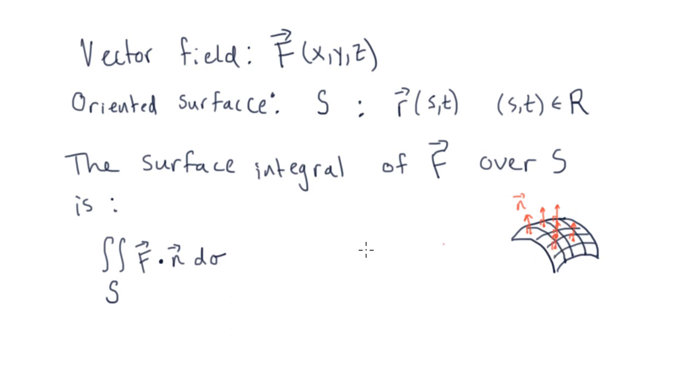So this really is a flux integral. But here by flux we mean a two-dimensional flux, so flux passing out of a surface. So the amount of water passing through a particular area or a particular surface, or an electric field passing over the surface of a cylinder, something like that. How much of the field is passing perpendicular across the surface?